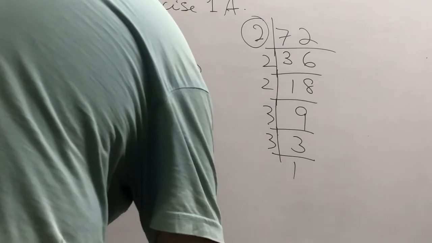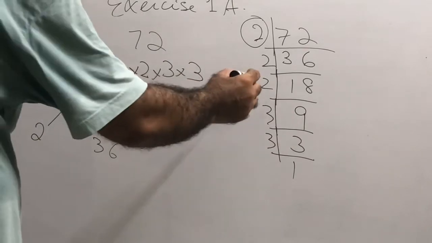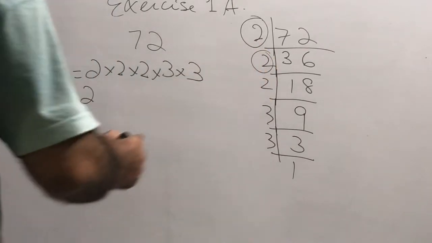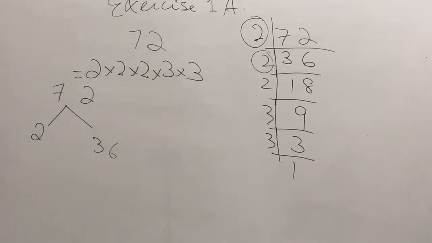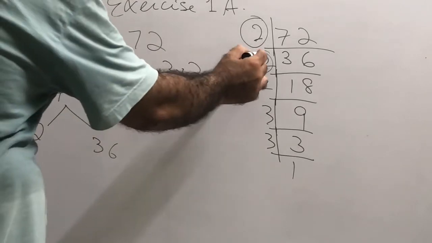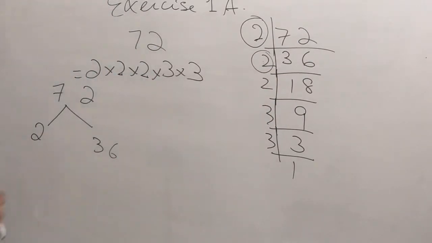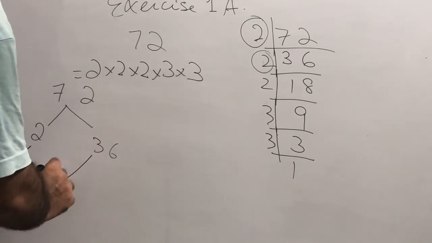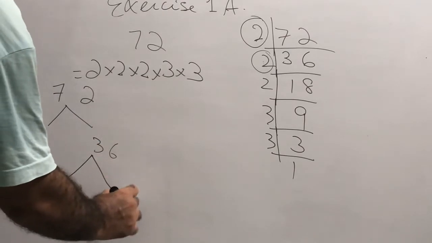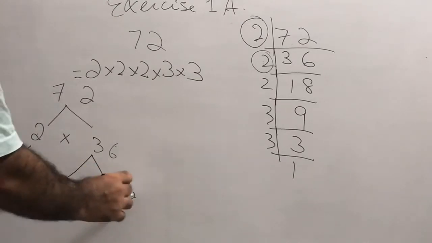Then we move ahead and again we divide it with 2, so we got result 18. This 36 again we divide it by 2. We get the result 18. 36 2s are 72. 2 2s are 4, 4 8s are 72.